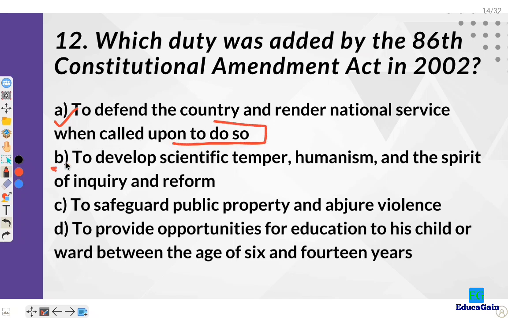B, to develop scientific temper, humanism, and the spirit of inquiry and reform. C, to safeguard public property and abjure violence. D, to provide opportunity for education to each child or ward between the age of 6 and 14 years. The correct answer is D.